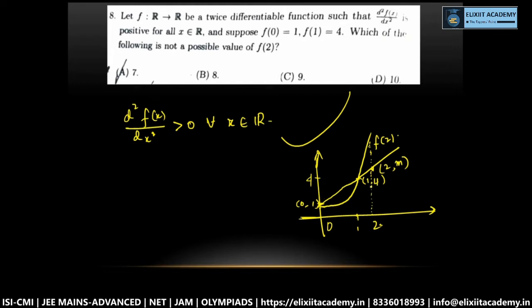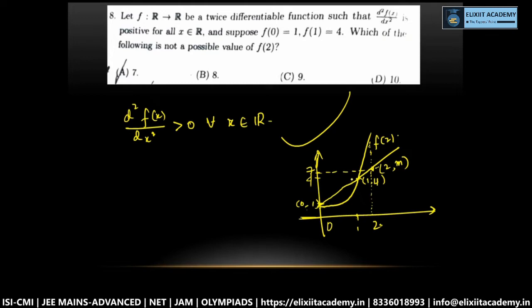Let's say this point is (2, m). We have (0, 1), in between we have (1, 4), and we have (2, m). (m minus 1) divided by 2 is equal to 3. In that case, we'll get m is 7. So this point is 7. This is a rough sketch we are drawing.